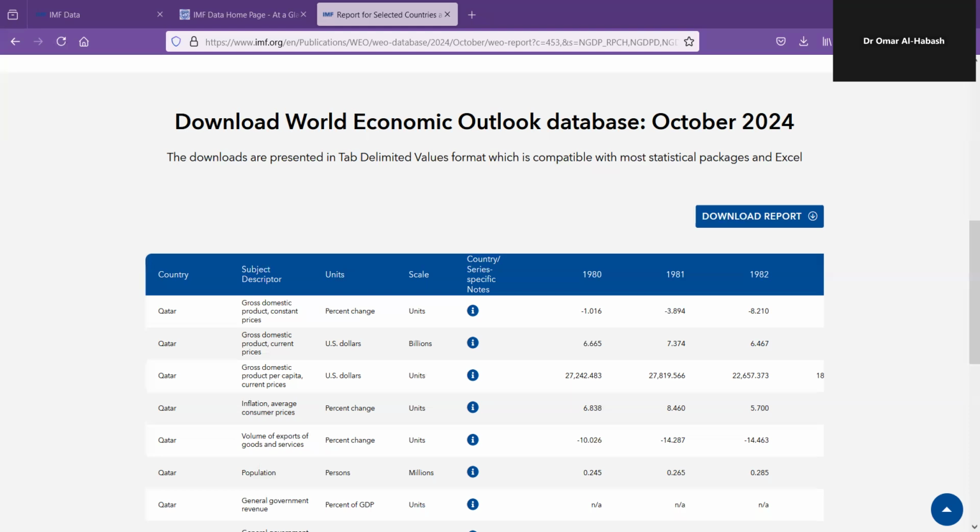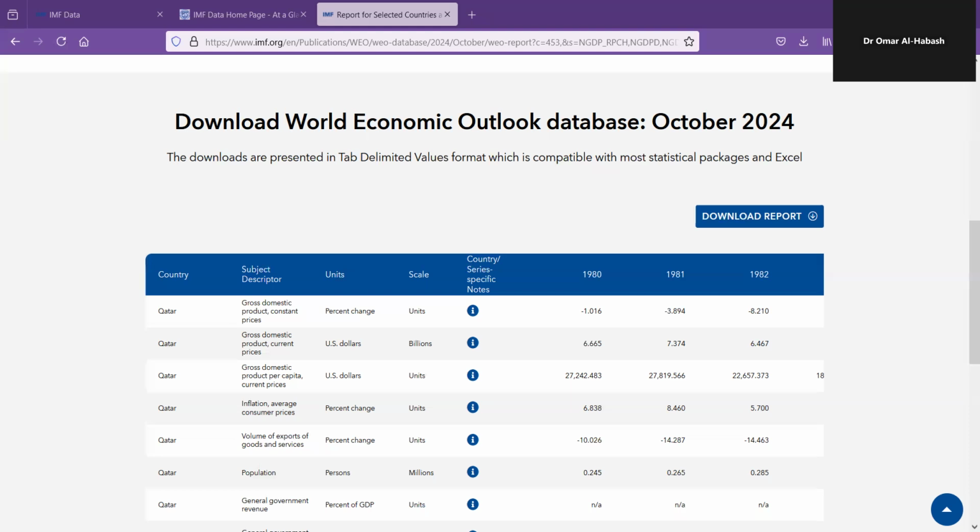Population-wise, we're looking at millions. Looking at the population of Qatar, it reached around 3 million; in 2023 it is around 2.9 million in 2022, and then you're looking at a population reduction in 2020 and 2021.